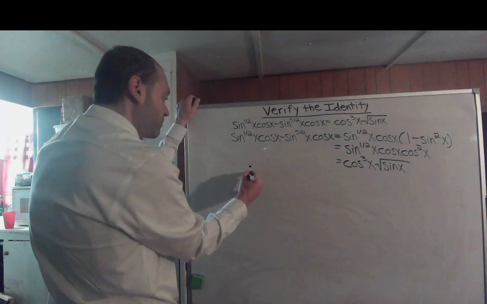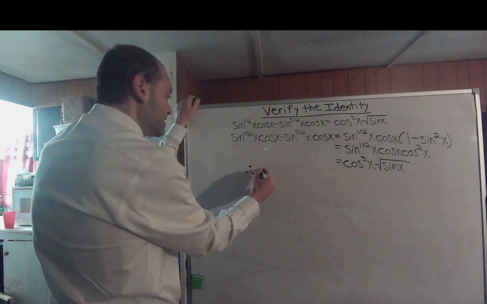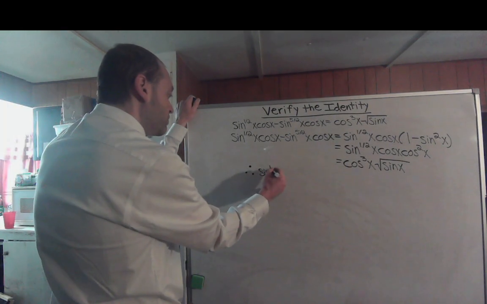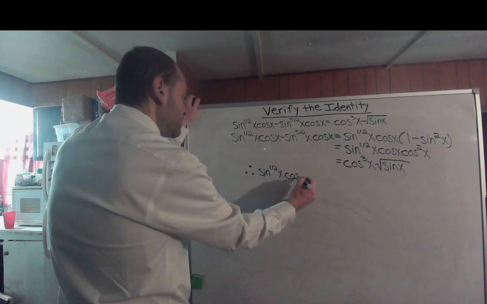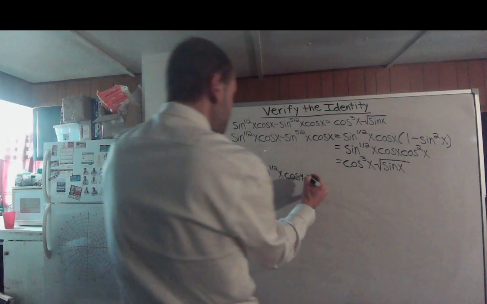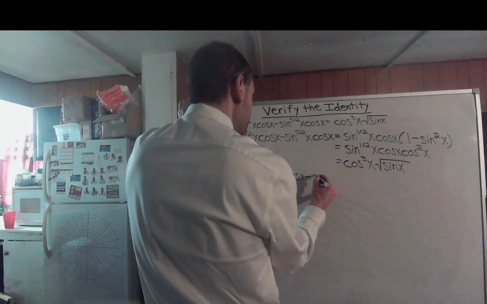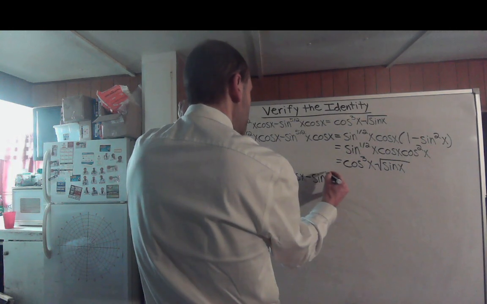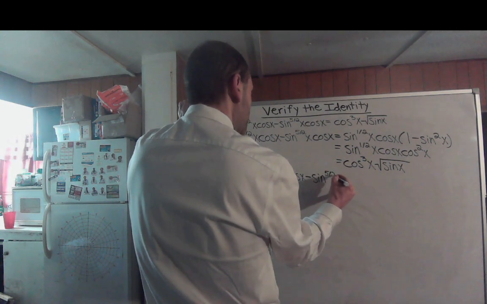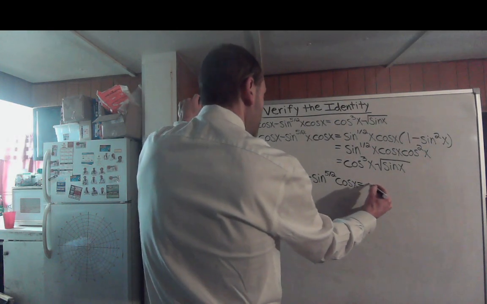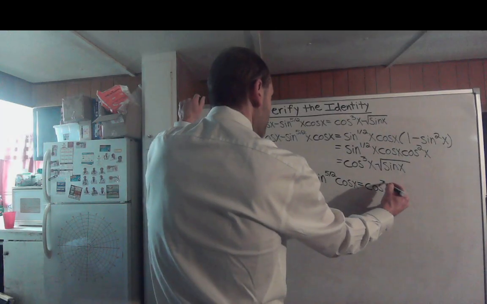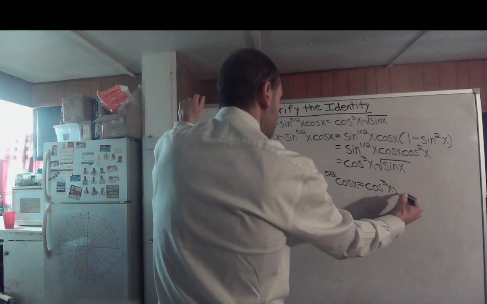So therefore, we can say that the sine of 1/2 x cosine of x minus the sine of 5/2 x cosine of x equals the cosine cubed of x times the square root of the sine of x.